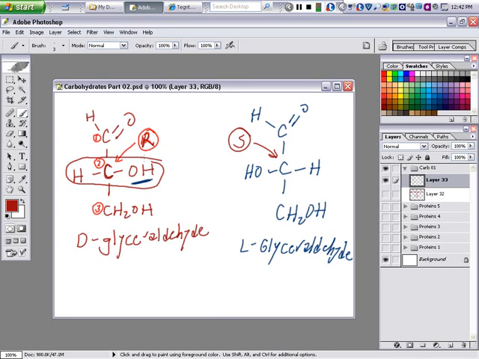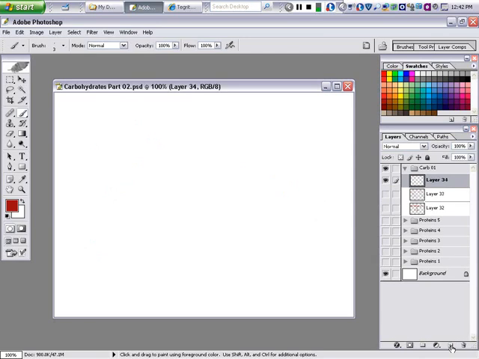So let's make a 4-carbon aldehyde. What is a 4-carbon aldehyde called? Aldotetrose.